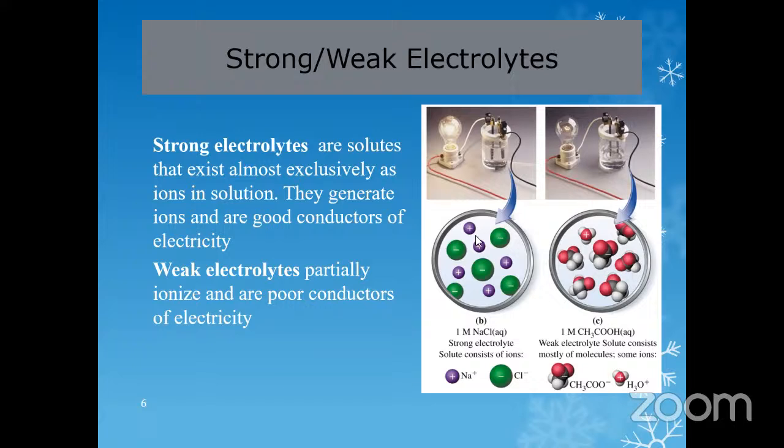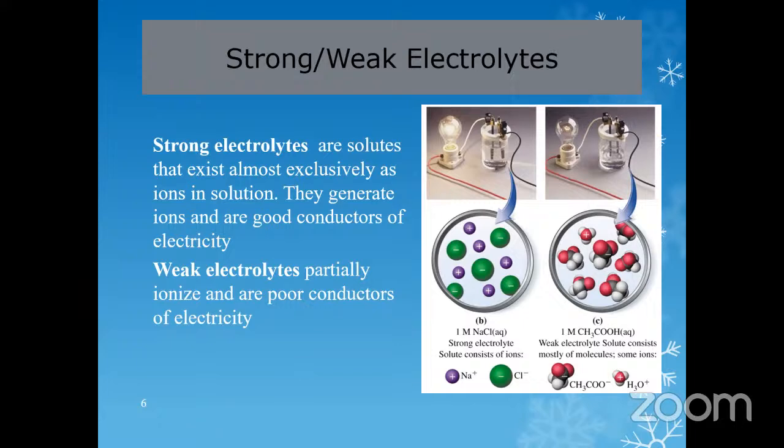So when you compare a 1 molar solution of sodium chloride to a 1 molar solution of acetic acid, whereas here the bulb is lit up very brightly, in here you see that there's a very faint glow in the bulb in the case of acetic acid. So that demonstrates that the acetic acid conducts electricity, but not as well as the solution of sodium chloride, all right? So that's the difference between a strong electrolyte and a weak electrolyte.